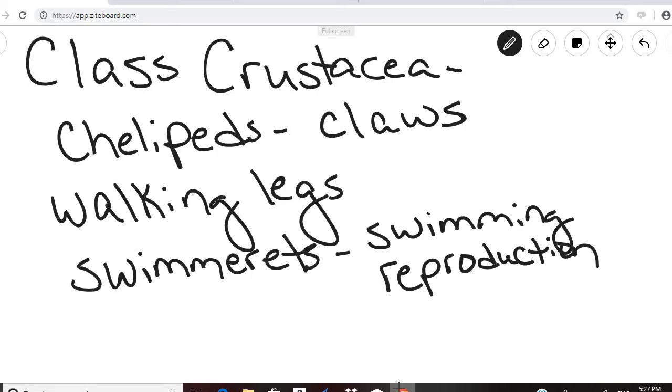So in the male, the first two pairs of swimmerets are larger.